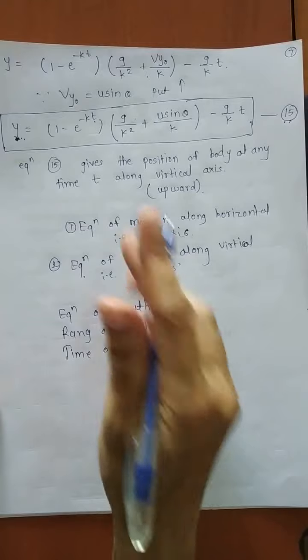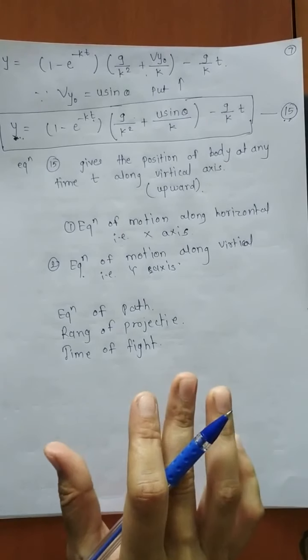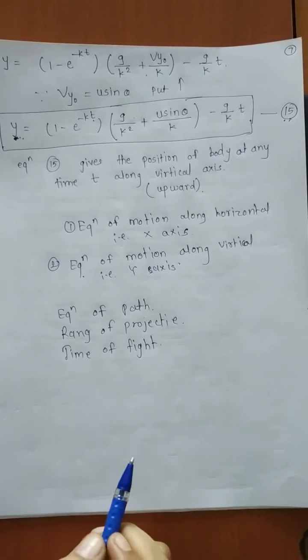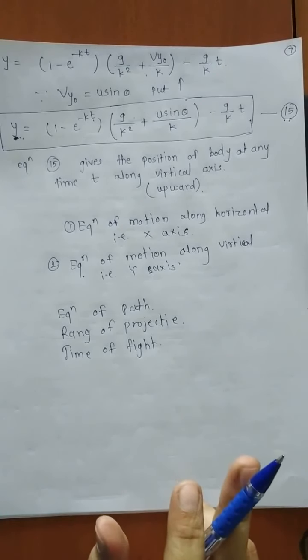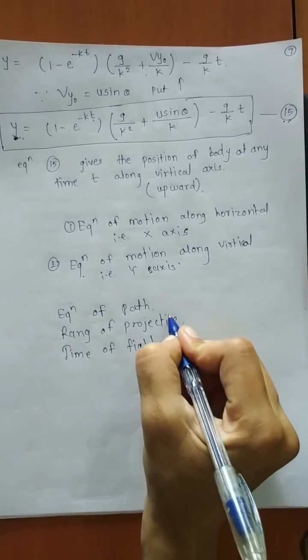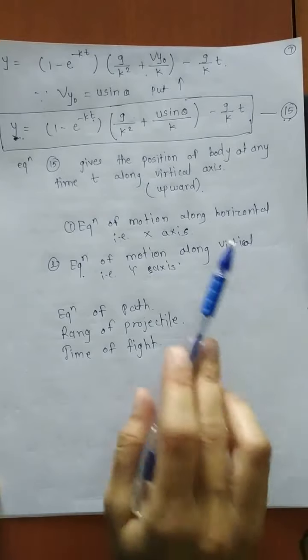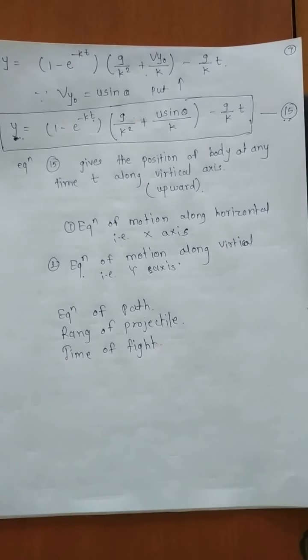All these things up to this lecture, in our third and fourth lecture, include the first application of Newton's laws of motion, that is projectile motion. Okay, so this is all about the equation of motion along the horizontal axis and along the vertical axis. Thank you.